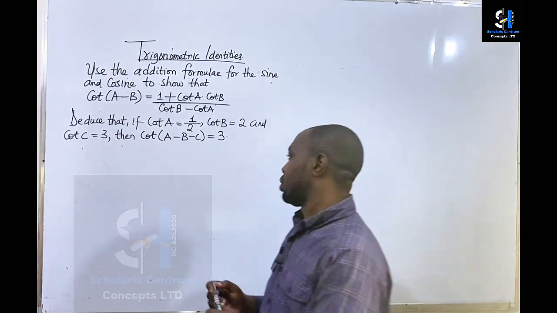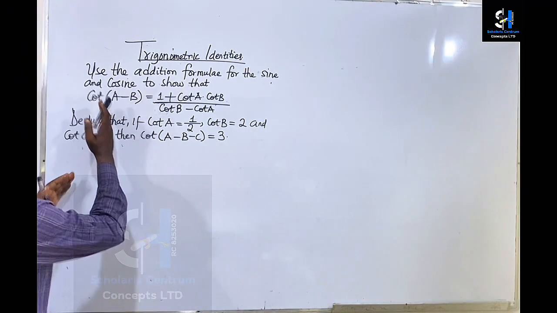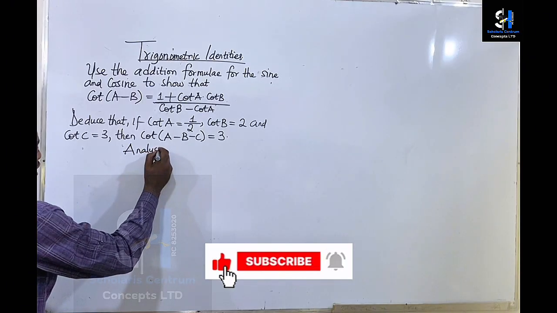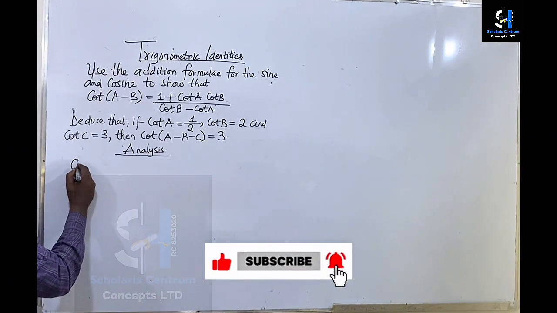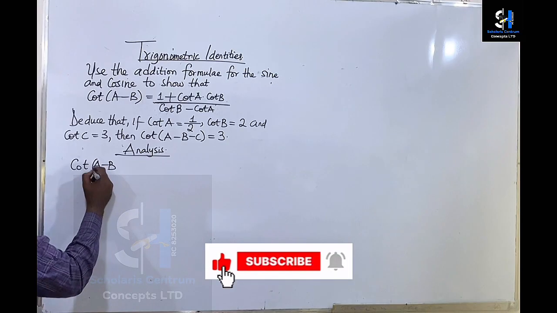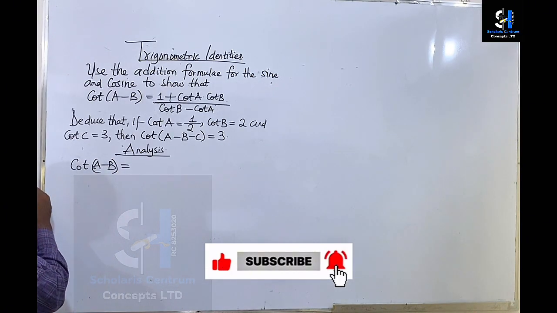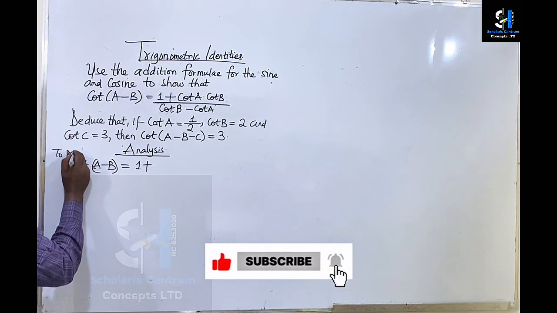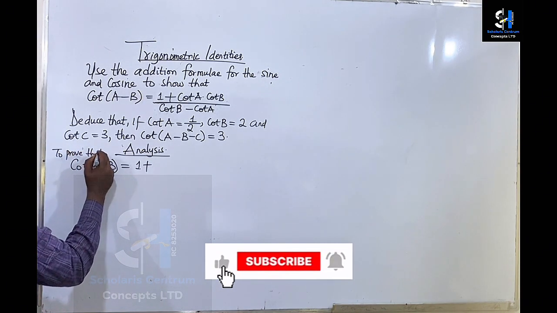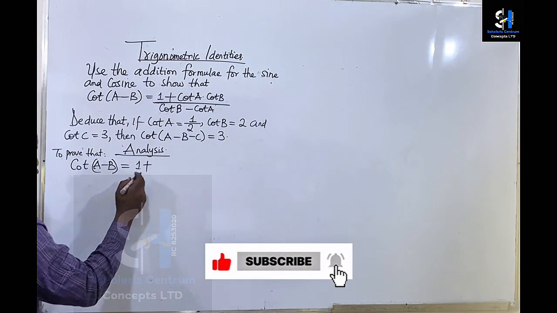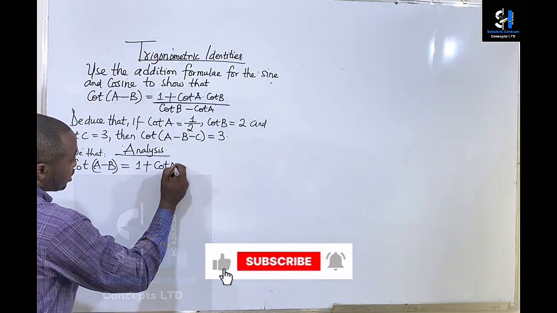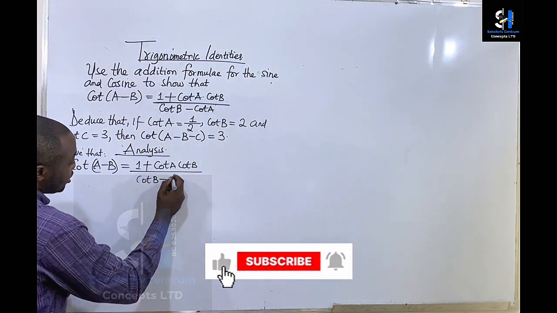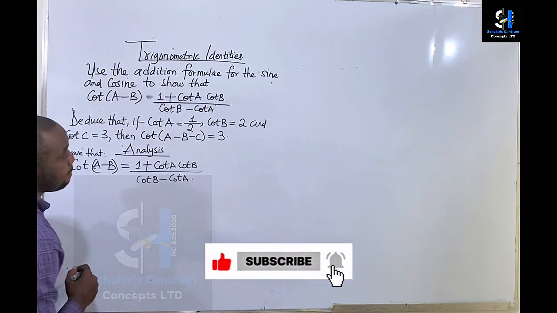To prove one side equals the other side, we want to prove that cot(A minus B) equals 1 plus cotA cotB all over cotB minus cotA.